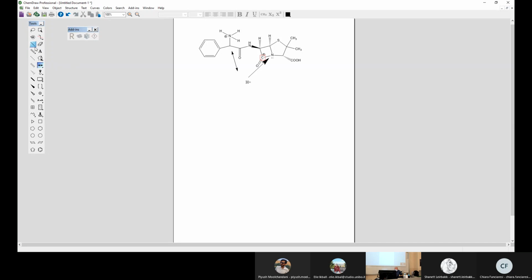And in addition, they also introduced another hydrophilic group on the aromatic ring, giving amoxicillin. Aminopenicillins, amoxicillin, because we introduced a phenolic OH group, just to increase the hydrophilicity of this class.